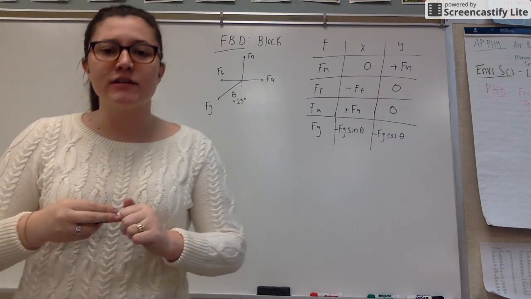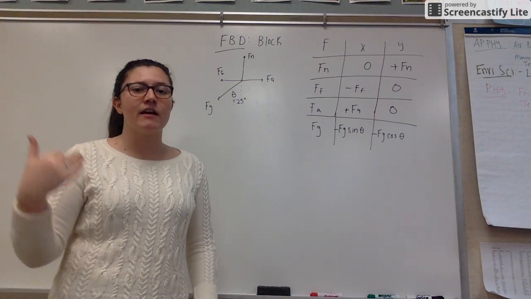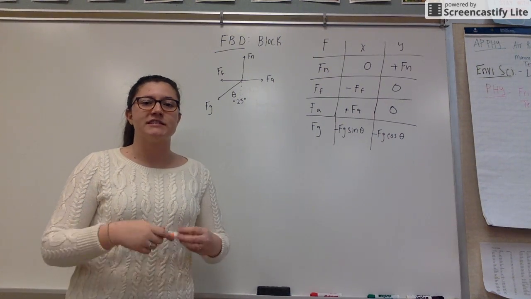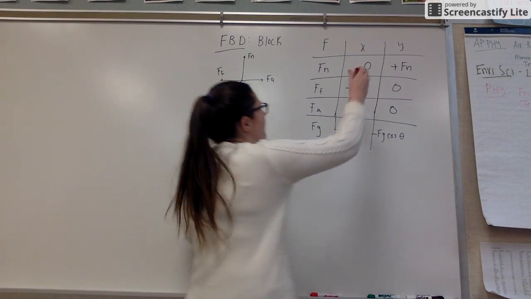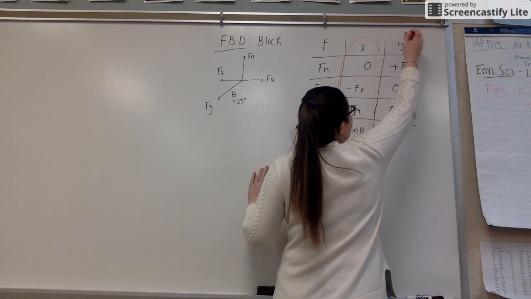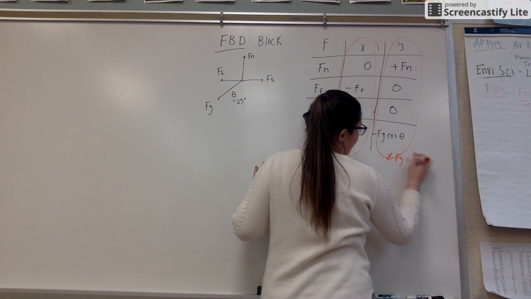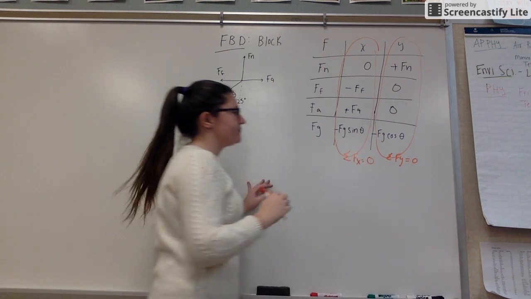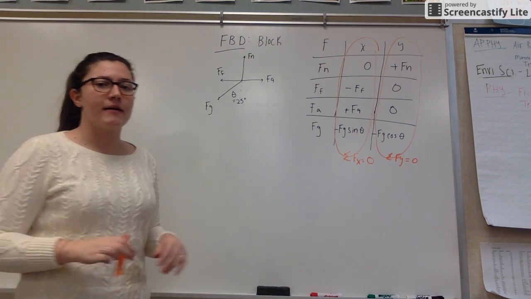So now we're going to sum the forces in the x and in the y. The object is sitting on an incline, so we know that it's not accelerating. The sum of the forces in the x and the y are going to be equal to 0. So let's start with the y.